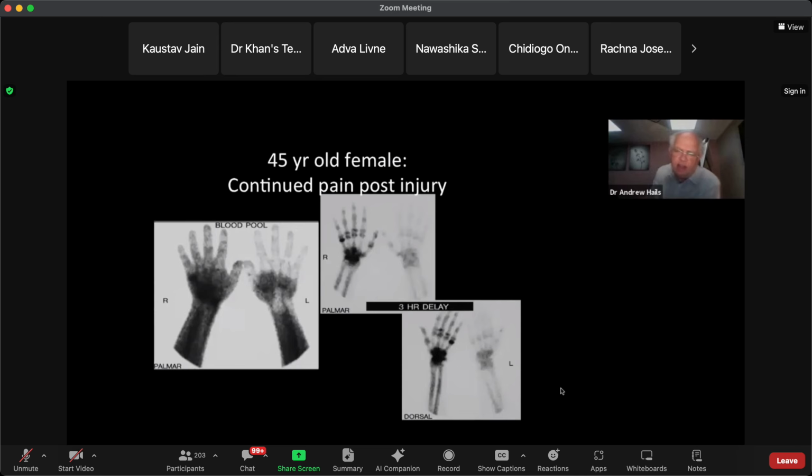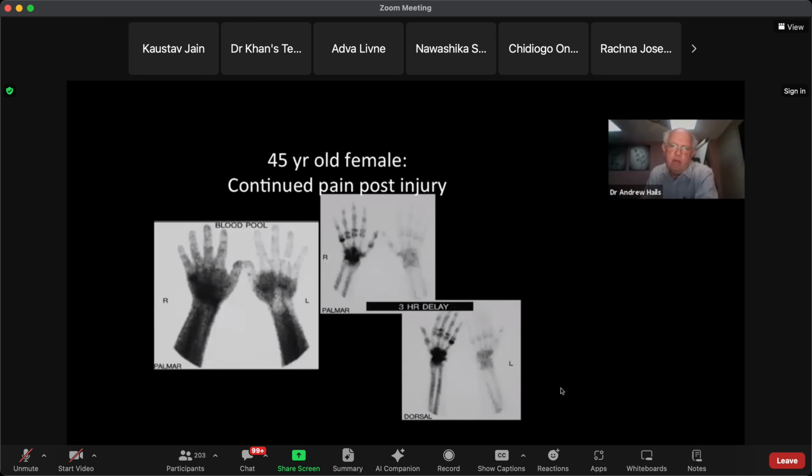Now, just to show this, we've got pain post-injury, or post something with a neurological abnormality, or an MI. You've got increased blood flow, increased blood pool, and increased uptake on the delayed bone phase images. And I think this reflects sympathetic dystrophy. That's right, yeah. Otherwise, these days there's complex regional pain syndrome.